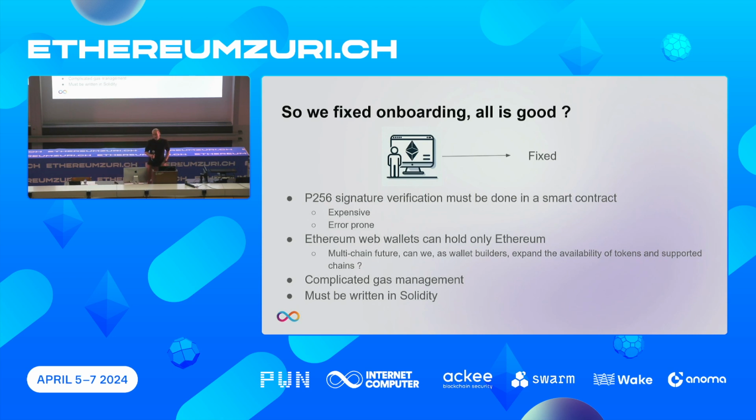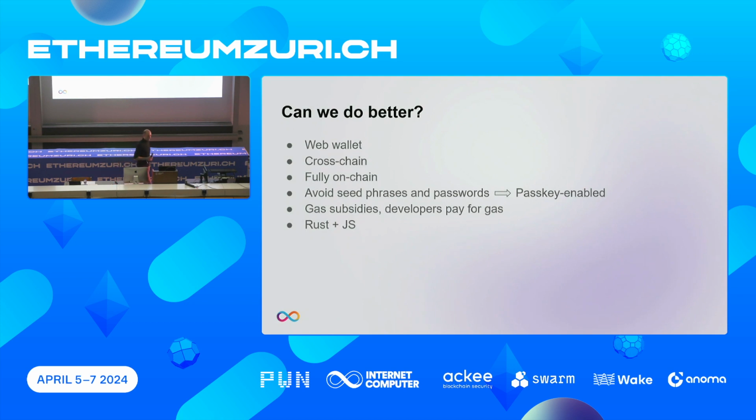And the smart account wallets have to be written in Solidity. That's not necessarily a bad thing, but can we do better? Can we enlarge the ecosystem of wallet developers? Can we have smart contract wallets, the front end, the back end, written in different languages?